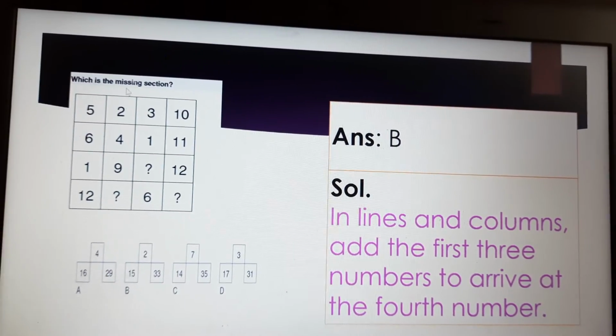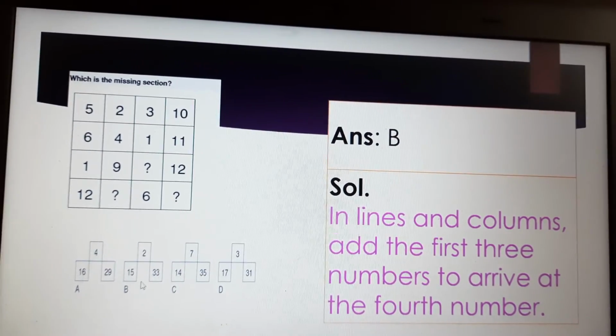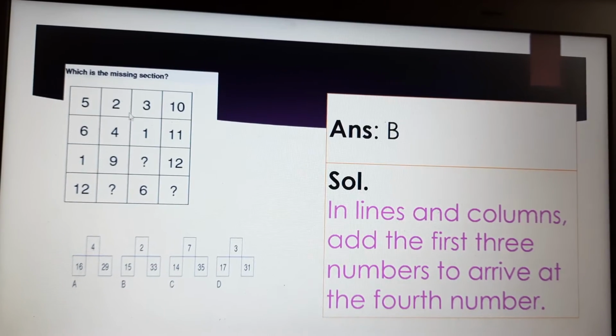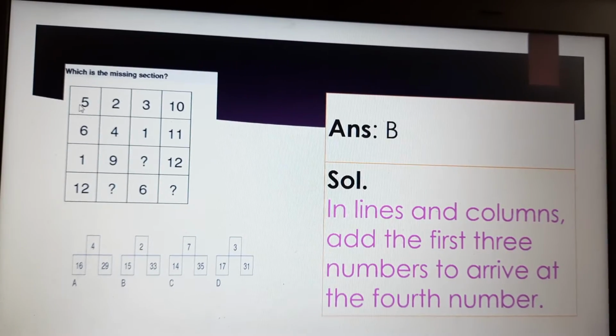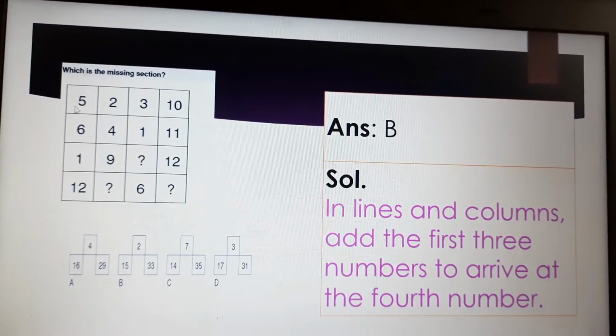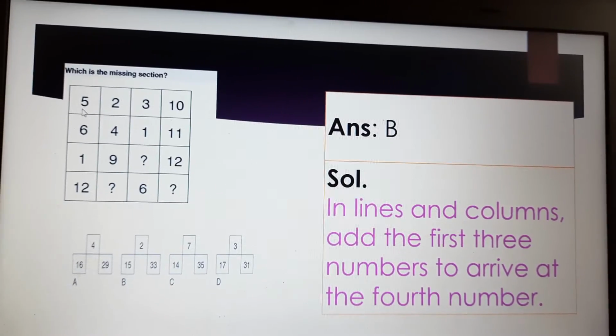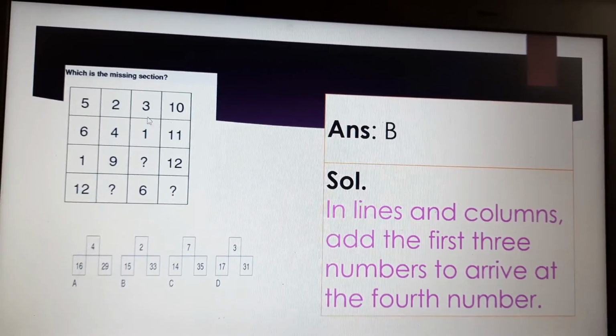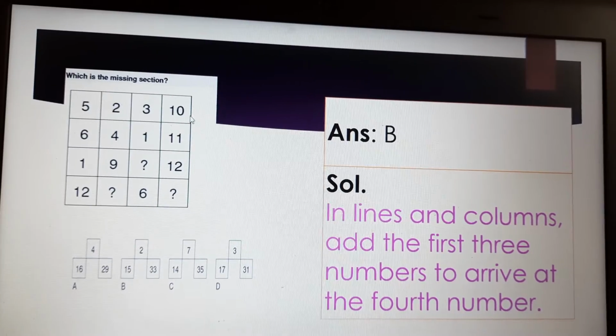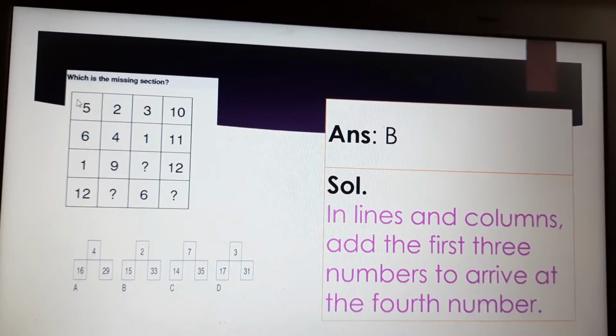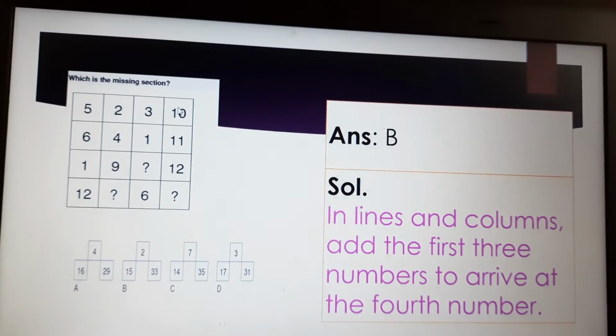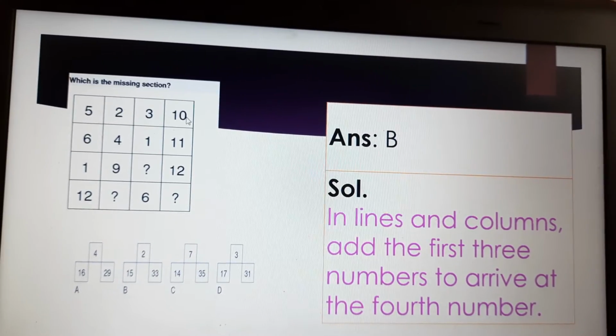So the answer is option B. If you see the logic behind each row, when you add the first 3 numbers, you arrive at the fourth number. So 5 plus 2 plus 3 becomes 10. You are arriving at 10.